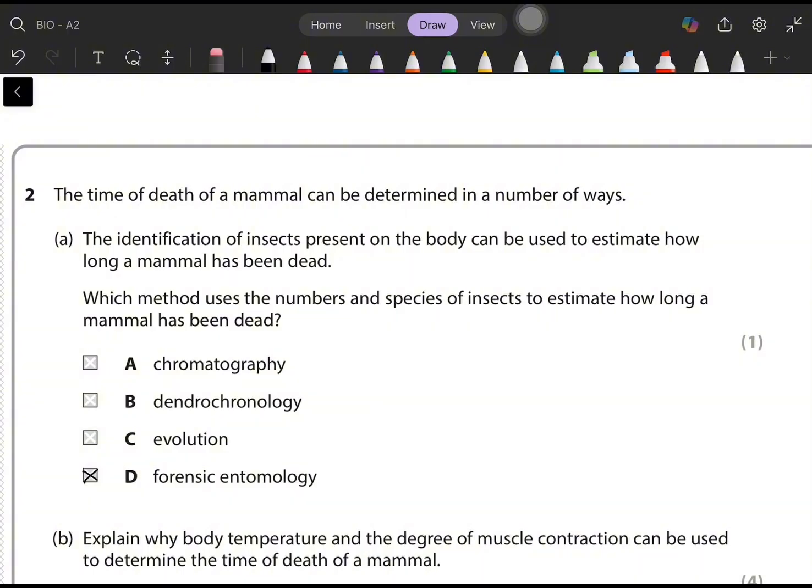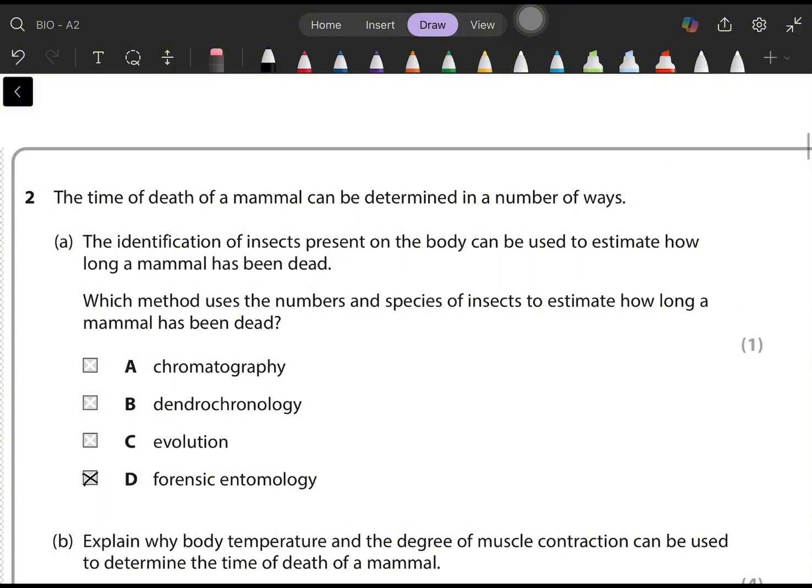If it doesn't receive ATP, the muscles are going to go into a contracted state, and that is what we refer to as rigor mortis. Rigor mortis starts generally around 2 to 4 hours after death and can last up to 36 to 48 hours.